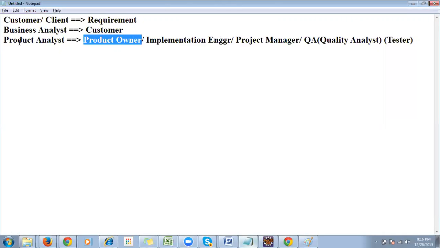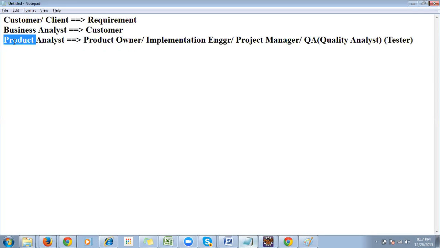He is also the one who keeps the priority of which requirement should be developed. He will set the priority. For example, if totally 10 to 20 requirements are going to come, everything cannot be developed in a single shot. Instead, the product analyst will give information that this requirement can be done by this time.